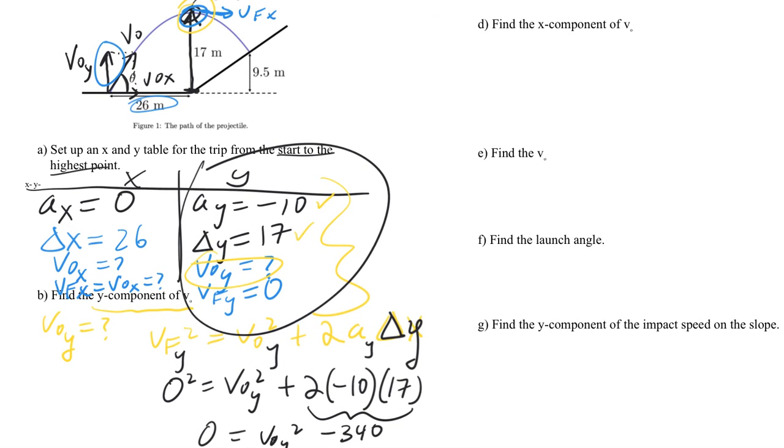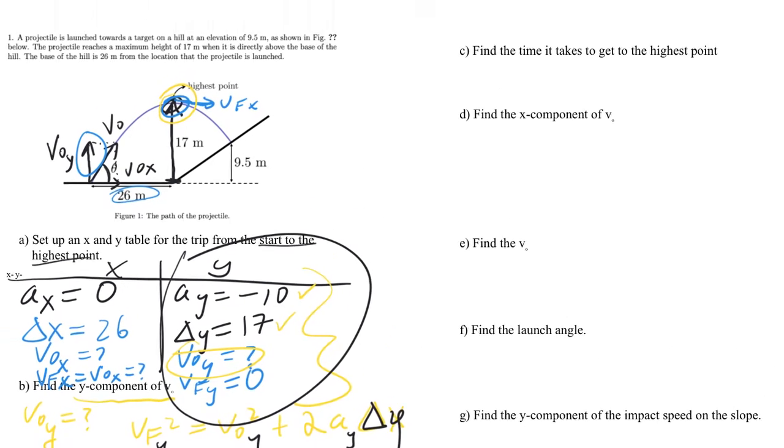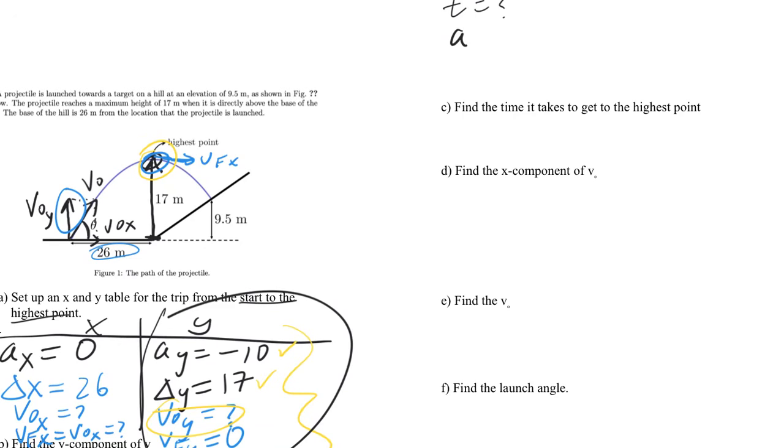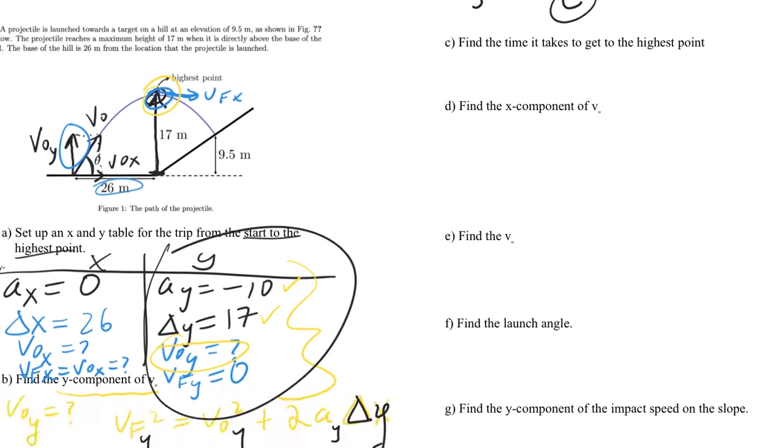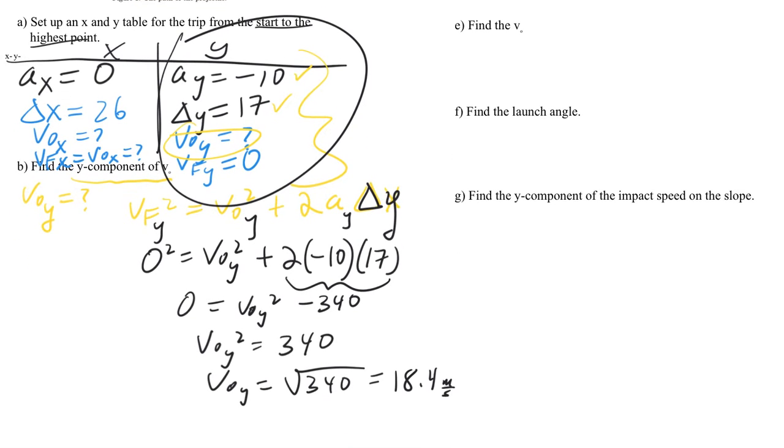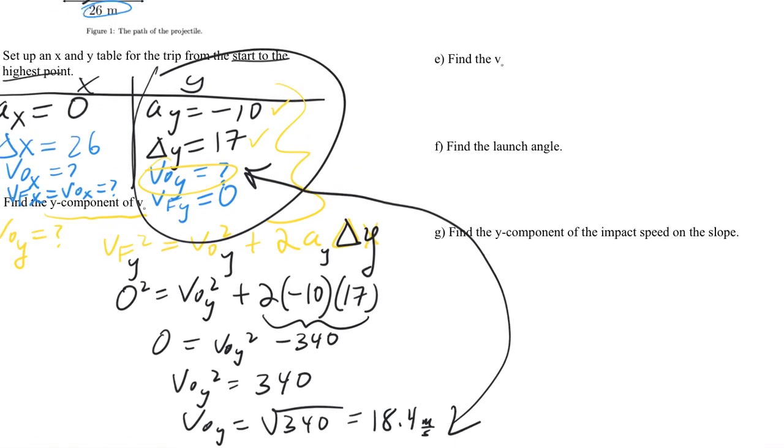I have VOY now. So I could use what equation? I can do A equals VF minus VO over T, using the Y values. I'm looking for T. I got VOY now, right here. I just solved it.